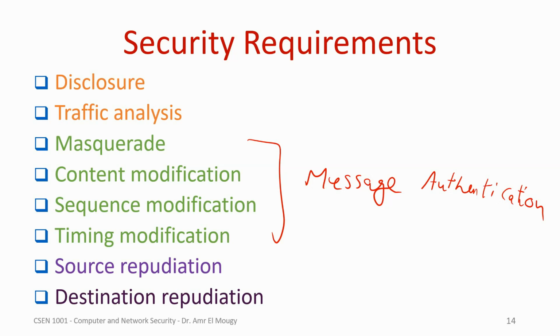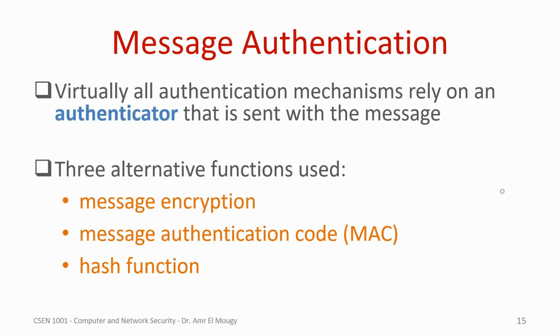So if you want destination repudiation, after the destination receives the packet, it has to reply with a digitally signed acknowledgement saying that I have received this packet, and because the acknowledgement is digitally signed, the receiver cannot later deny actually receiving the message. Okay, these two are the area of digital signatures, which we will also discuss in detail later in this course. Actually, we'll discuss them when we discuss blockchains.